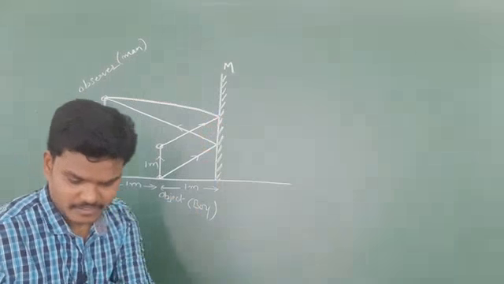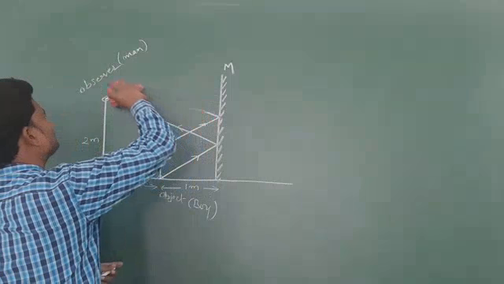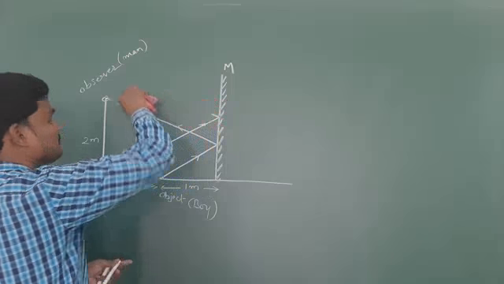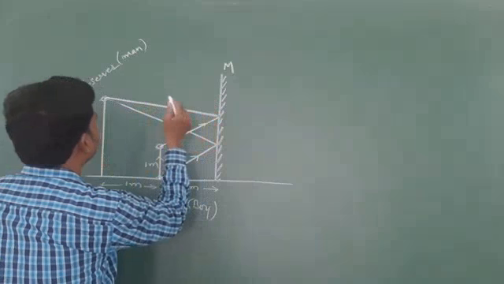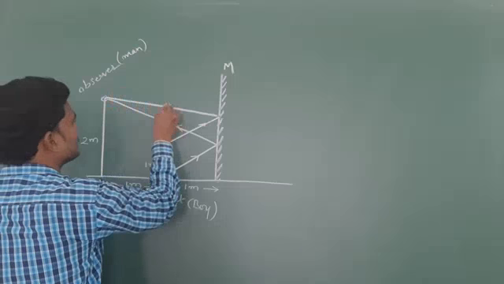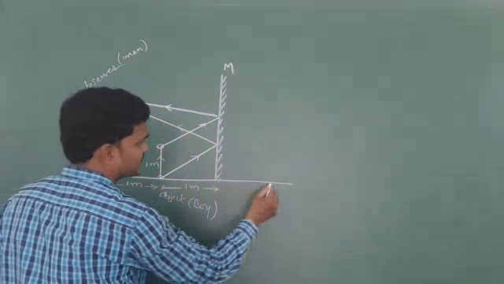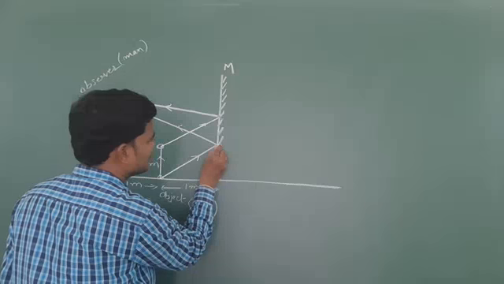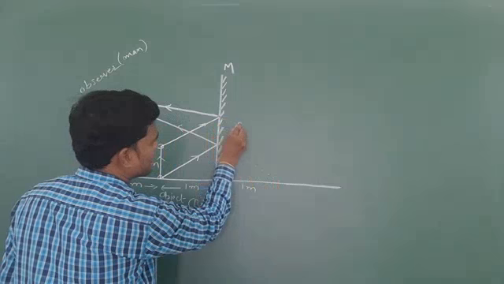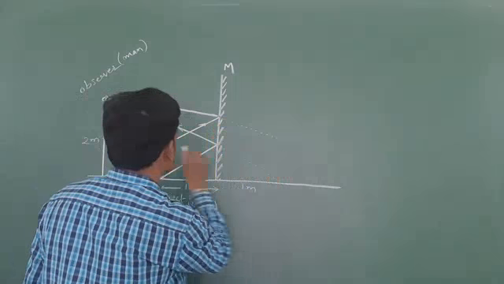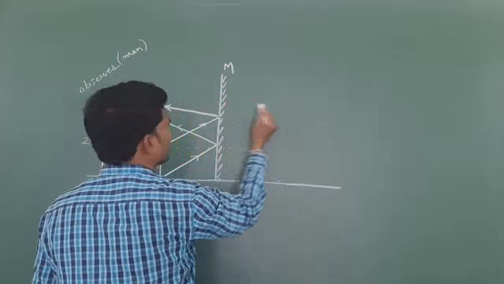Let me draw the correct diagram so that we will get the proper answer. Now he is able to see the top of the boy and the bottom of the boy. If I extend these light rays backward at 1 meter, getting the diagram is important.